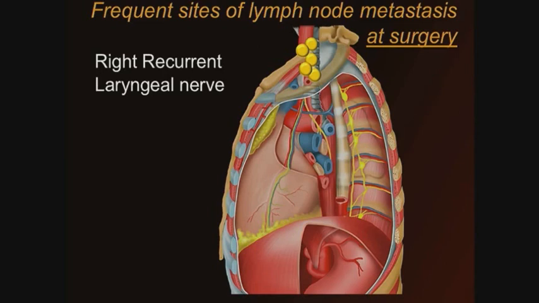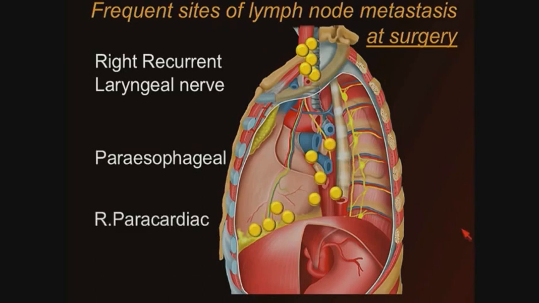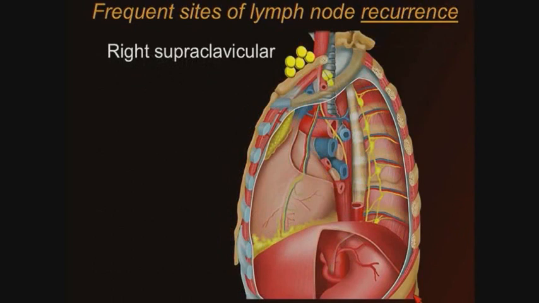The frequent sites of lymph node metastases at the time of diagnosis are cervical lymph nodes along the paraesophageal nodal stations, then paracardiac and intra-abdominal nodes, mainly along the lesser curvature of the stomach. So make sure to look for those lymph nodes when you're staging these patients, trying to look for metastatic nodal disease.